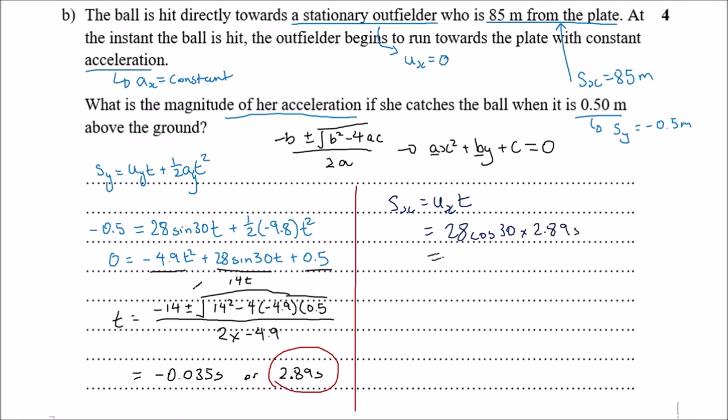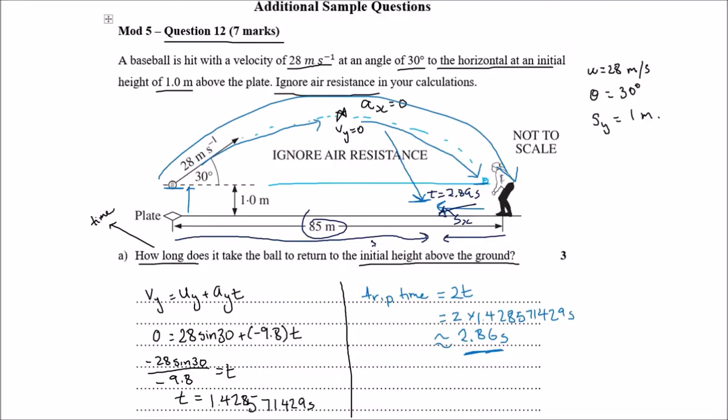And so the rough value here is, if I round it off to 3 sig figs, 70.1 meters. Okay, so the ball traveled 70.1 meters. So what we need to do is work out how far it actually took this lady.